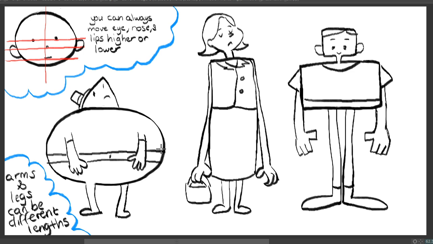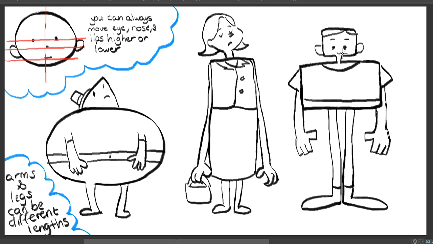And with eyes and nose and lips, you can move them higher and lower if you want to. So here his eyes are kind of lower on his face, but always remember proportions. Like our eyes are always aligned with our ears, don't forget about that, you know?